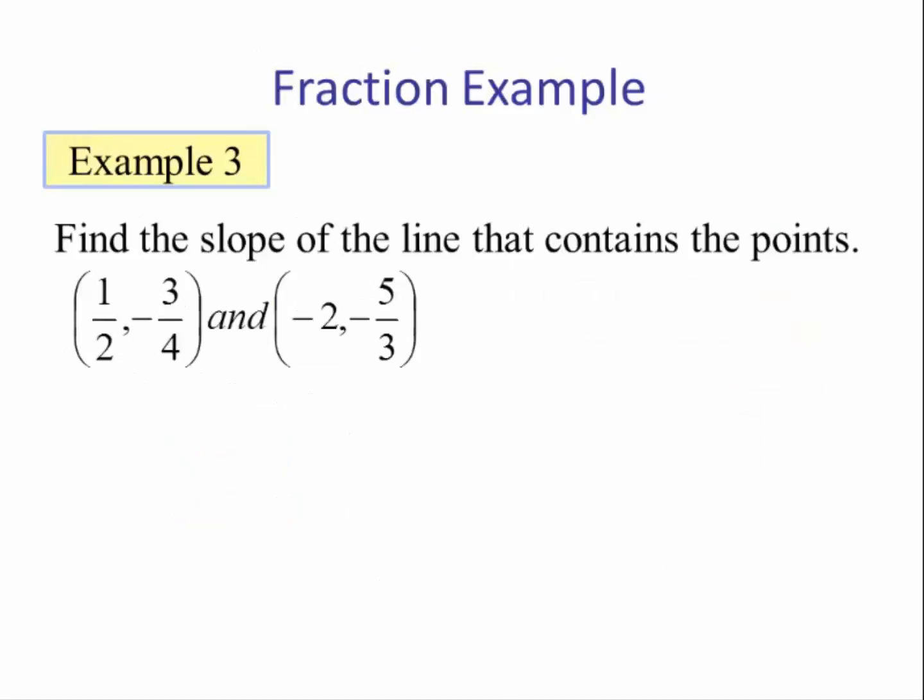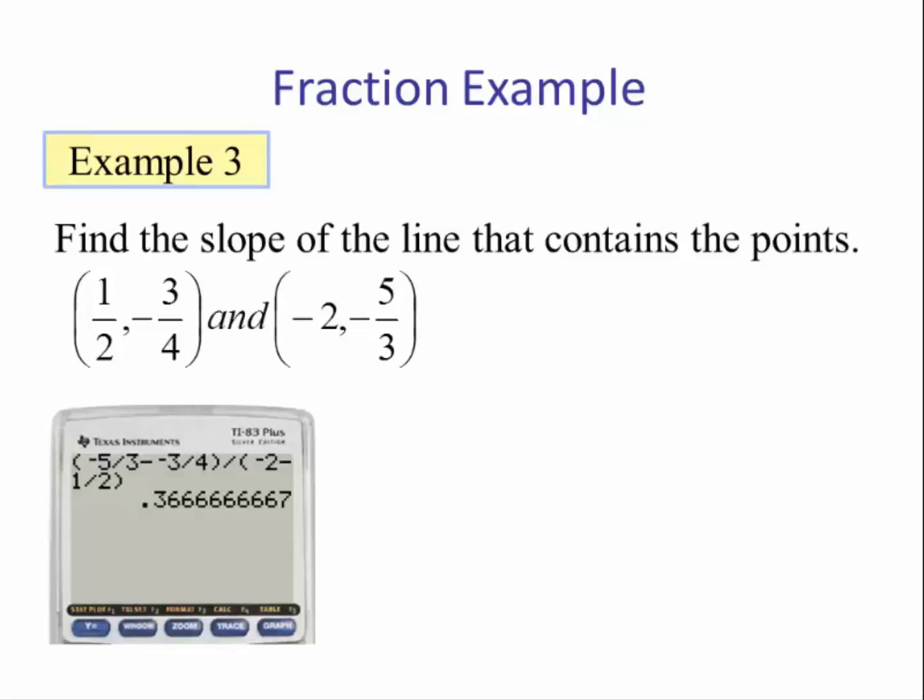Example 3. Find the slope of the line containing the points. Now here we have fractions. We can use a calculator. Using my TI-83 calculator, I'm going to take negative 5 over 3 and subtract negative 3 over 4.